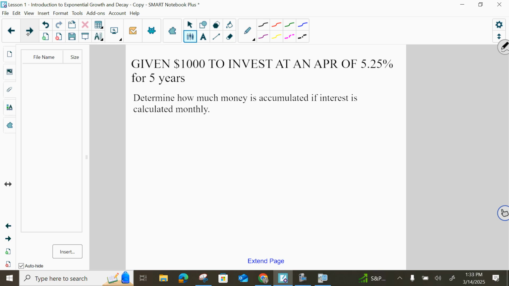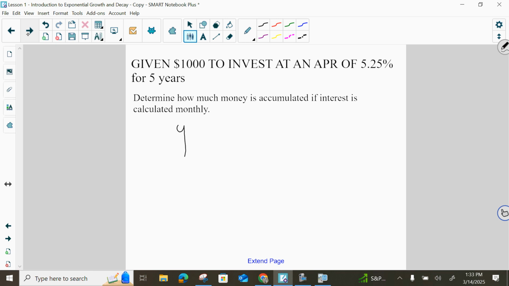So if you're given 1,000 to invest at 5.25 for 5 years, our P is 1,000. Our rate is 0.525 again. And right now it's for 5 years. So go figure that amount out. We did 10 years on the other one.